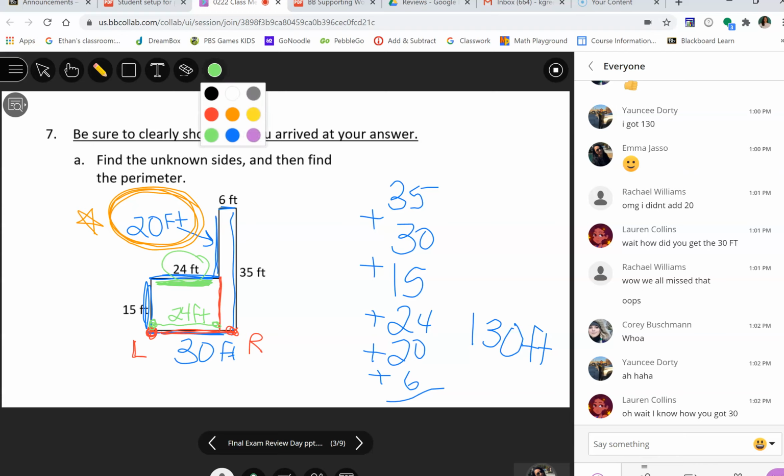And then this next little piece from here to here, the parallel side above was 6 feet. So when I added those two pieces together, it made the whole side length 30 feet long. So that's how I got that 30 feet there.